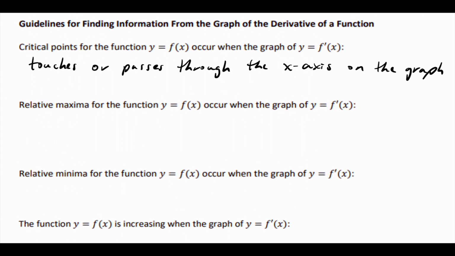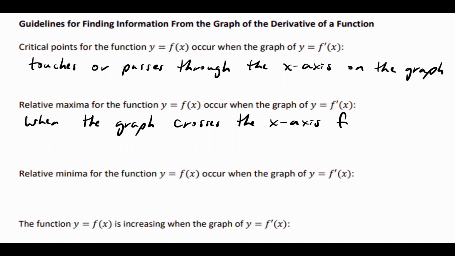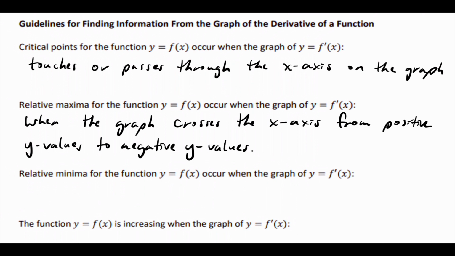When the graph crosses the x-axis from positive y values to negative y values, that's a maximum.